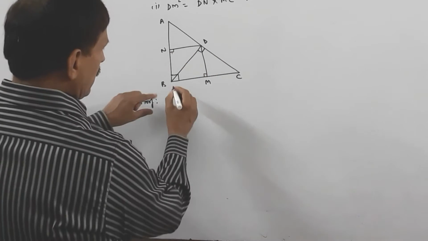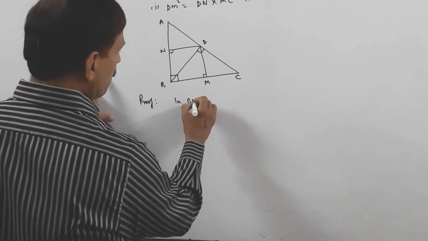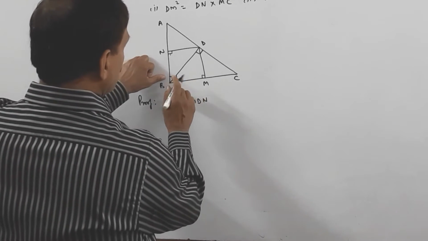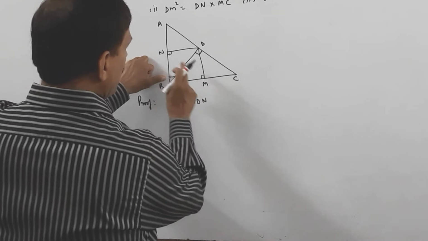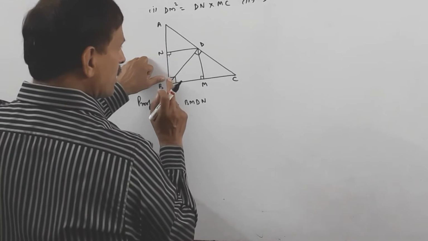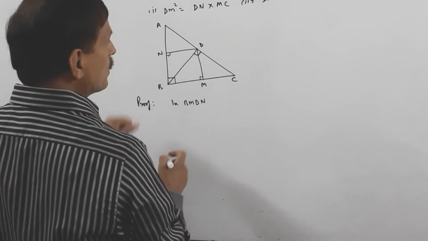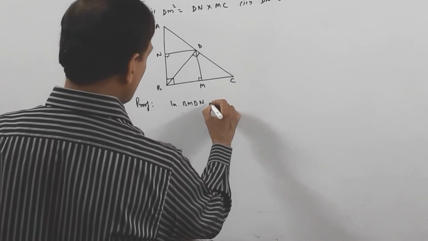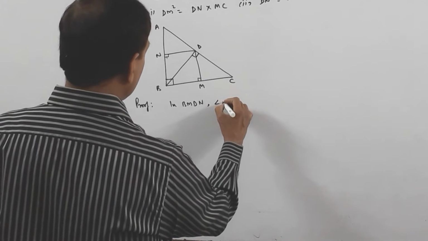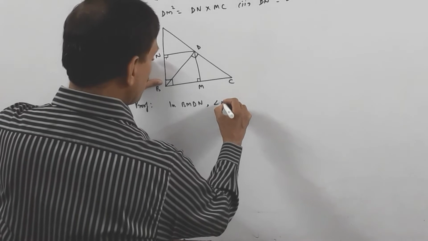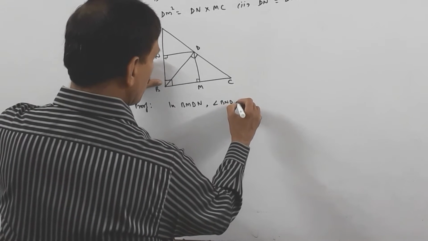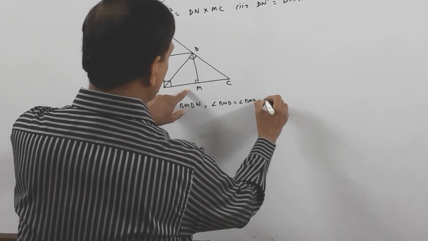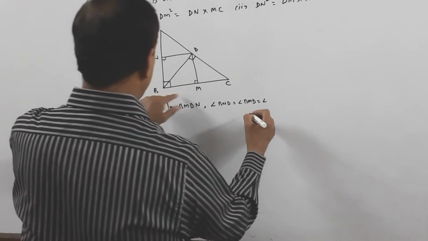In BMDN, angle B, angle M and angle N are 90 degree each. Therefore, the fourth angle is bound to be 90 degree. Angle BMD is equal to angle MBN.